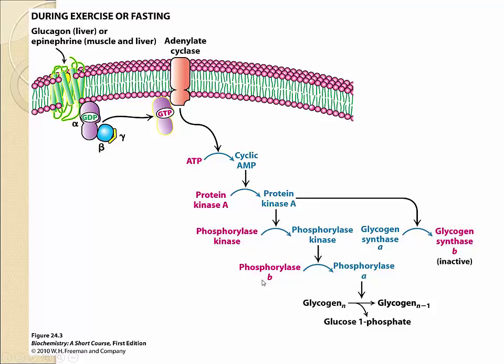Remember, phosphorylase kinase activates phosphorylase, but protein kinase A directly phosphorylates glycogen synthase, making it the inactive glycogen synthase form. So the same signal, glucagon or epinephrine, simultaneously activates glycogen degradation through phosphorylase and blocks glycogen synthesis through glycogen synthase.